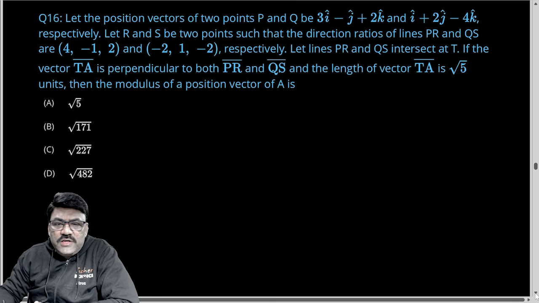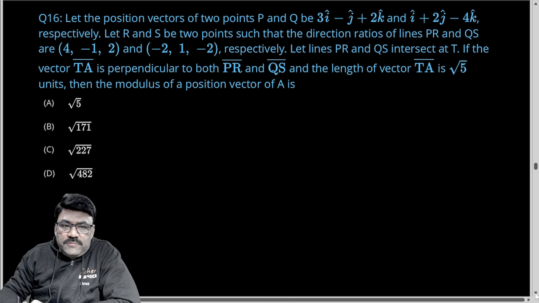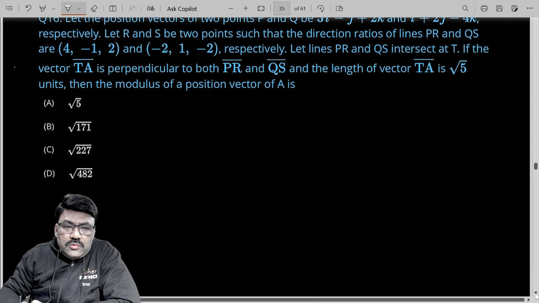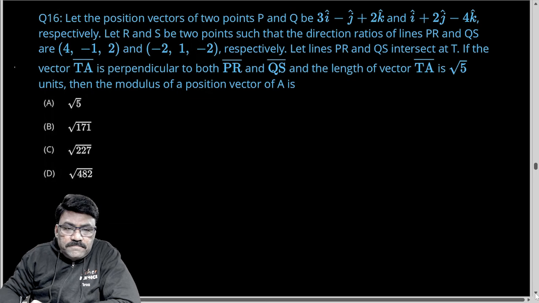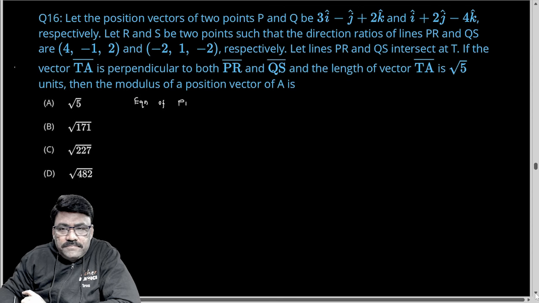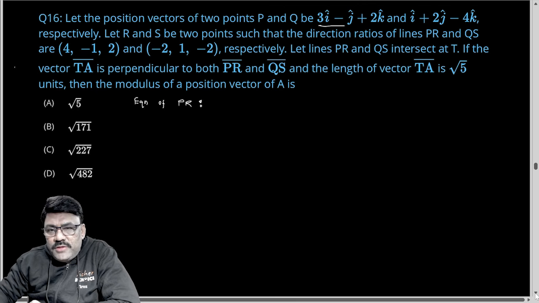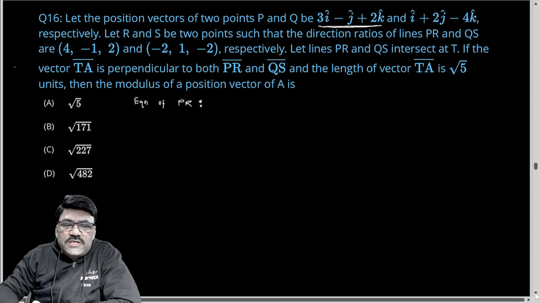So see, let's write the equations of PR and QS first. What is the equation of PR? Your PR line is passing through this point P, and the direction ratios of your PR line are these.